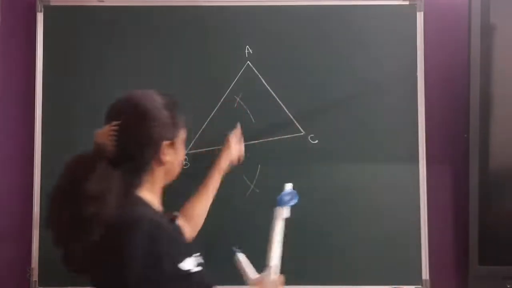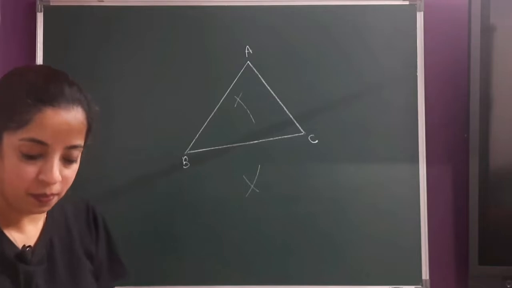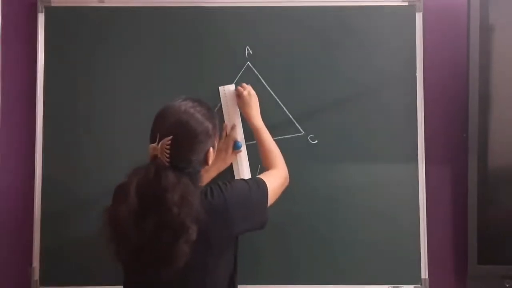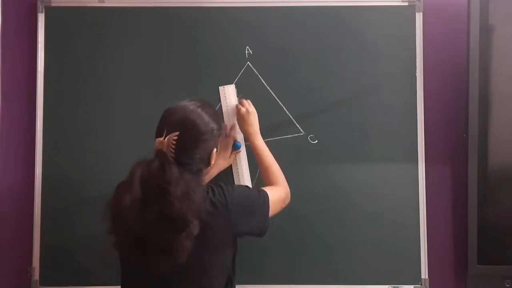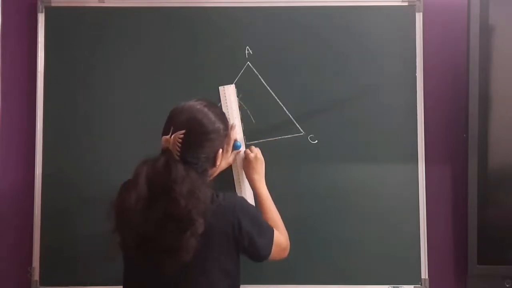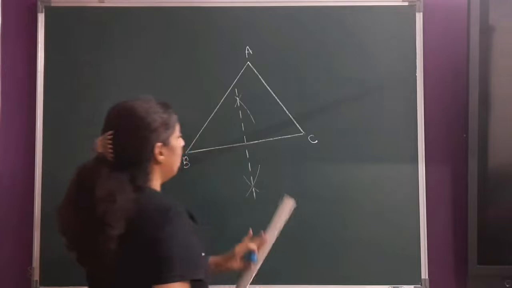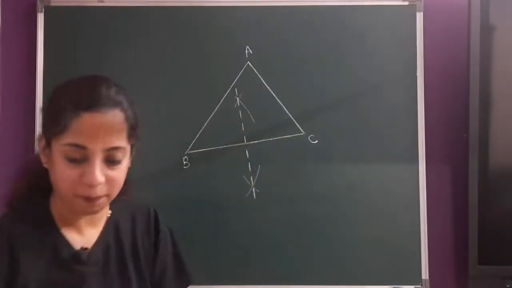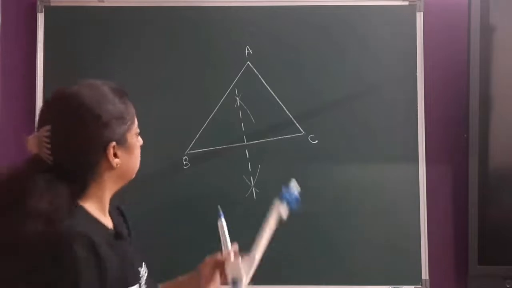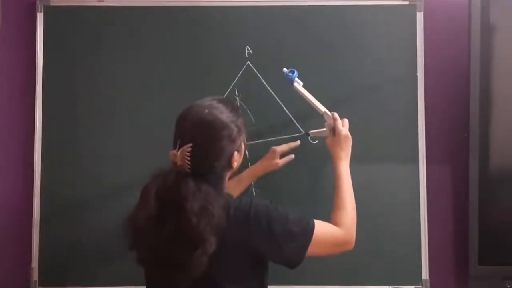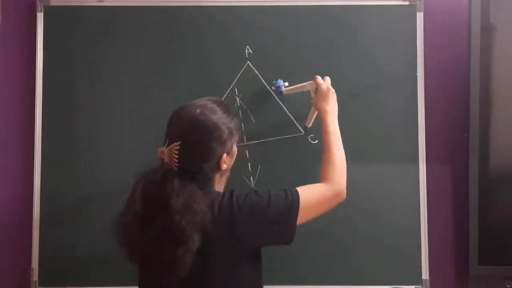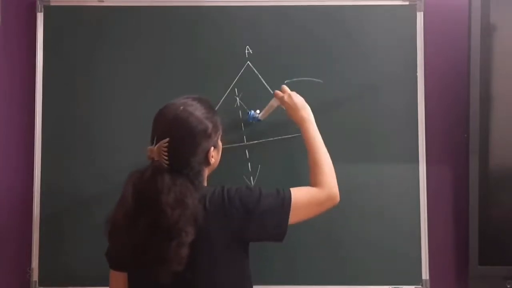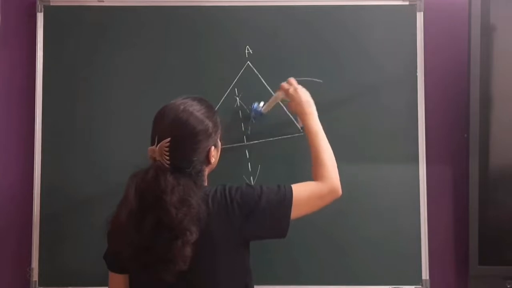and now this point at C, cutting my previous arcs here and here. Can you see? Now just simply join this by a dotted line. And now we will take this line and make a perpendicular bisector. So I have taken the measure slightly more than half, draw an arc here and another arc here.